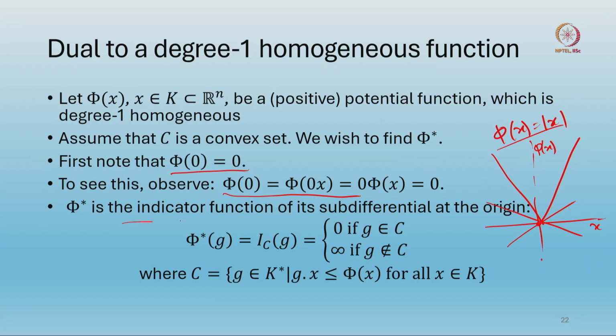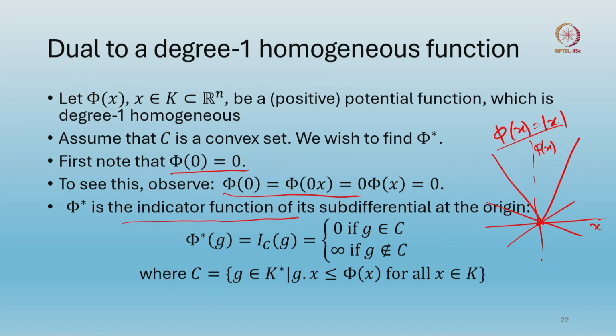Now phi star in this case, we will prove it in the next class perhaps, is basically an indicator function which will be 0 in the admissible set of stresses, in this case -1 to +1 in this particular problem where phi x equal to modulus of x, but otherwise it will be minus sigma y to plus sigma y appropriately, and phi star will become infinity outside.